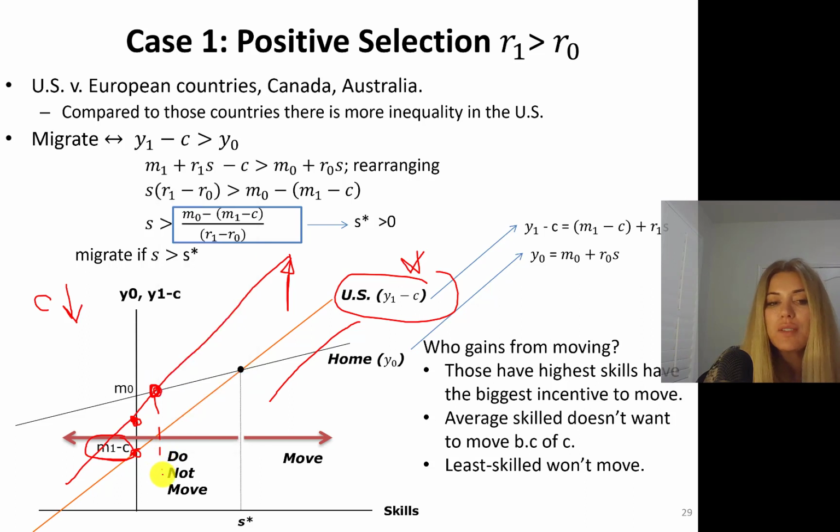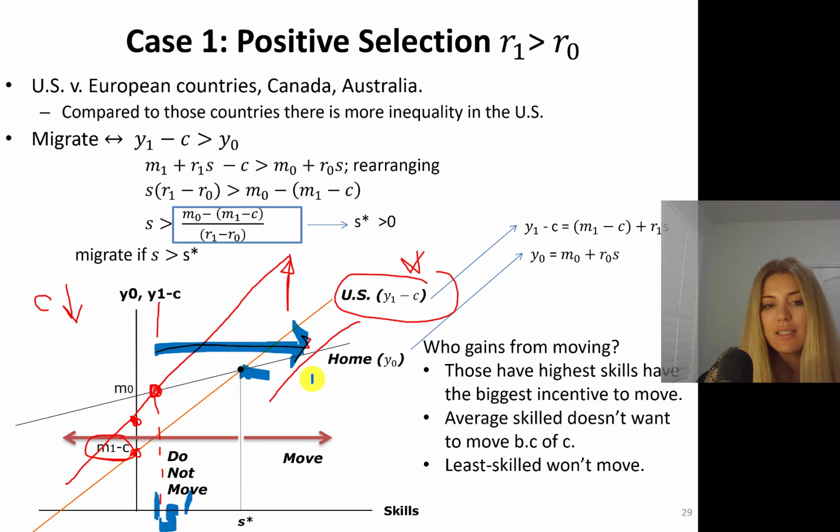When S star moves here, you now get all these people to the right, right? In the previous case, only these people moved, greater than S star. Now these people right here, called S prime, and more are migrating.